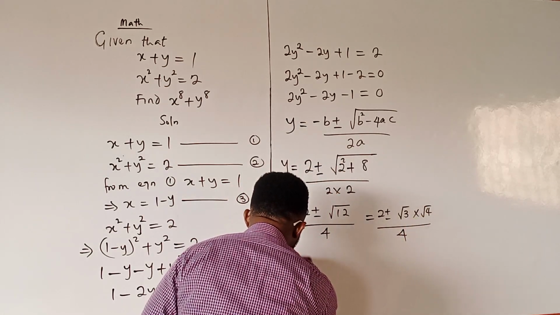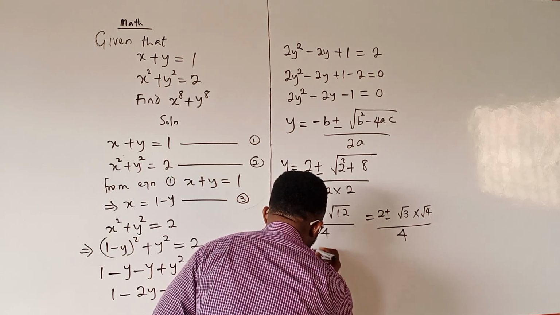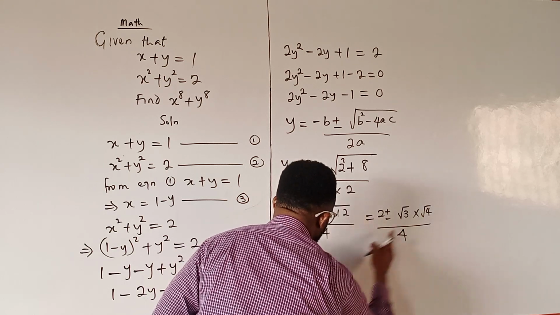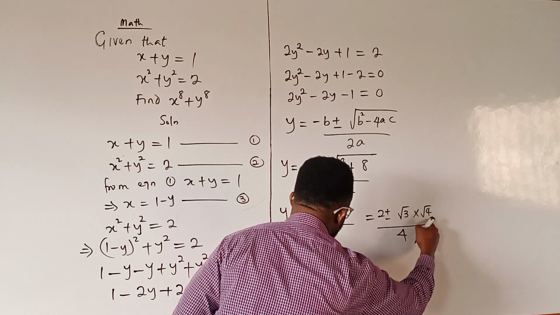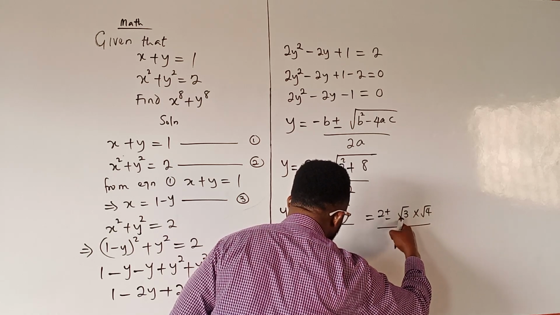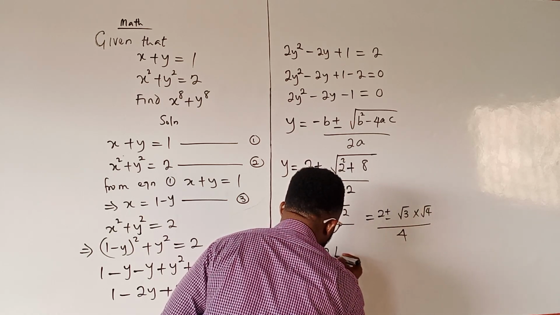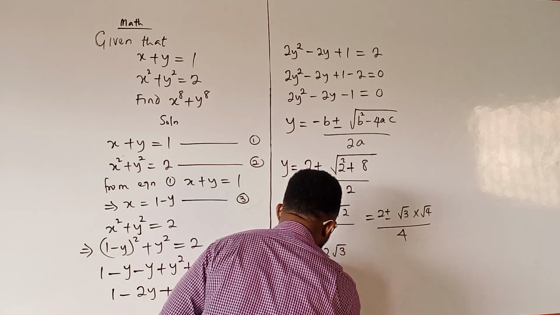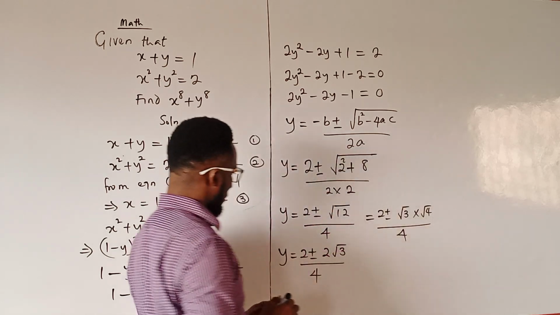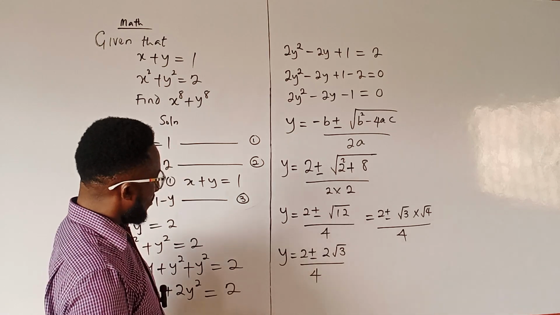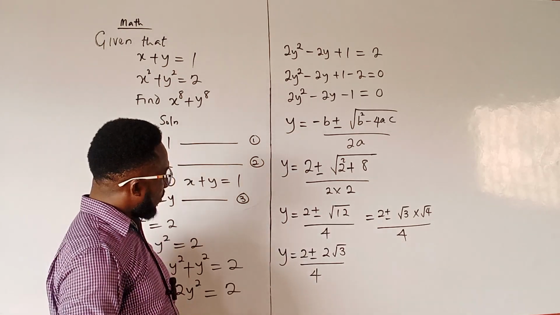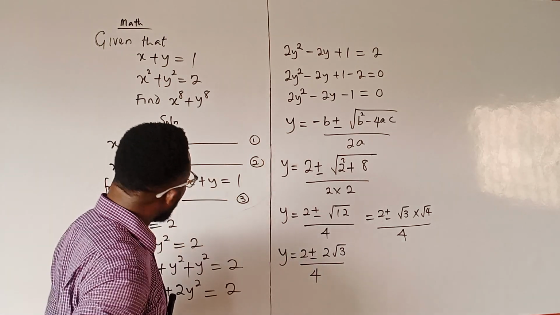So I could write y to be 2 plus or minus, the square root of 4 is 2. I will use 2 to multiply rad 3. That would then be 2 rad 3 upon 4. Don't worry, 2 rad 3 upon 4.